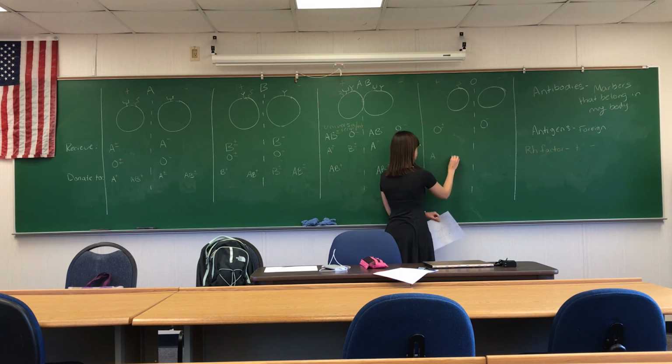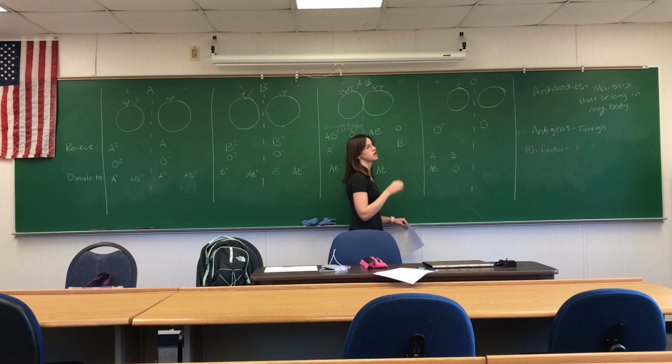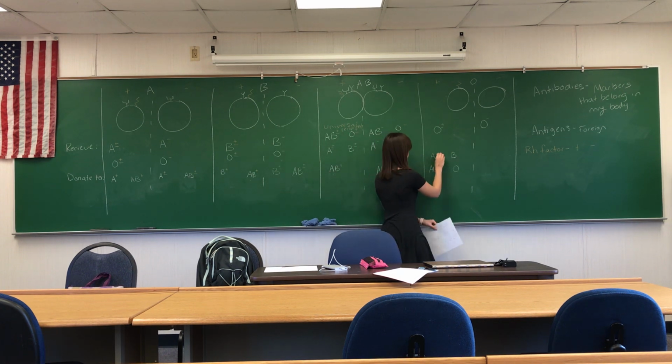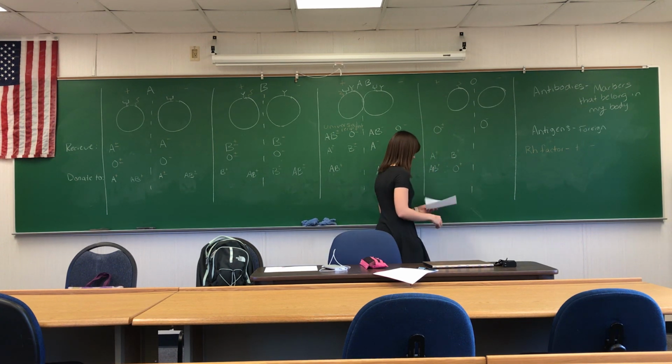And we can donate to B, and we can donate to AB, and we can donate to ourselves. And can we donate to the positive or the negative version? We can only donate to the positive. So we can donate to A positive and B positive, AB positive, and O positive.